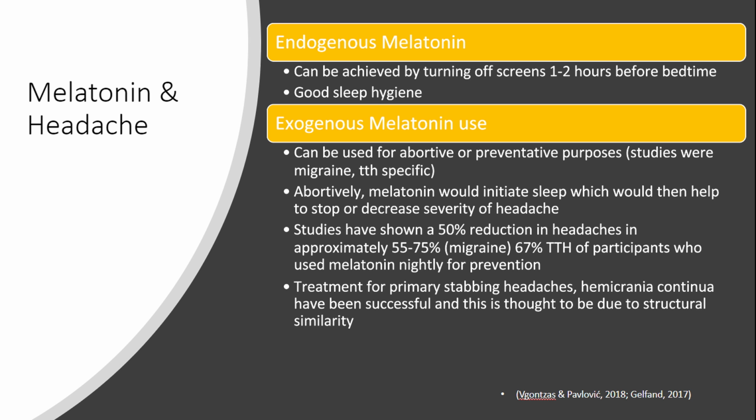Studies have shown about a 50% reduction in headaches in about 55 to 75% of participants in migraine over 3 studies, and this is the pediatric population, and then 67% in tension-type headaches when using melatonin. You can also treat primary stabbing headaches and hemicrania continua because the structure is similar to indomethacin, which you would treat those with.